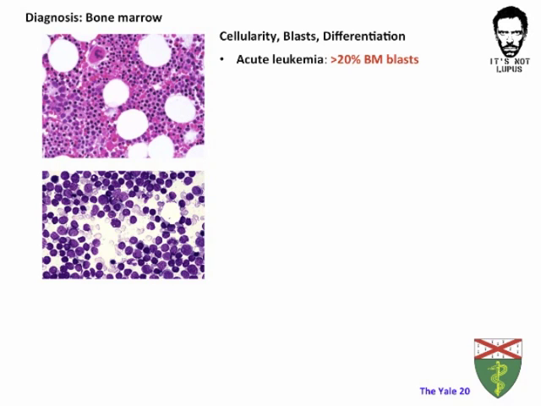Okay, so here we have two pictures of acute leukemia. This is AML, and this is ALL, acute myeloid and acute lymphoblastic leukemia. Both are defined by greater than 20% bone marrow blasts. Okay, that's a common diagnostic criteria for leukemia. And then you can subclassify the leukemia into AML and ALL.